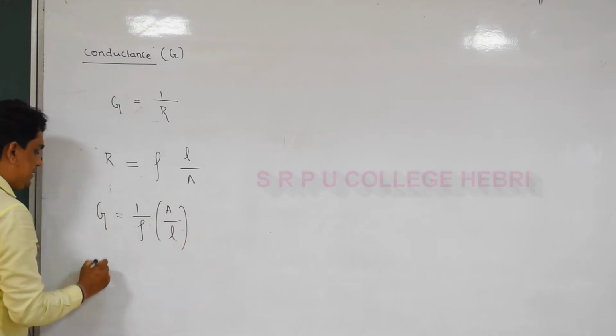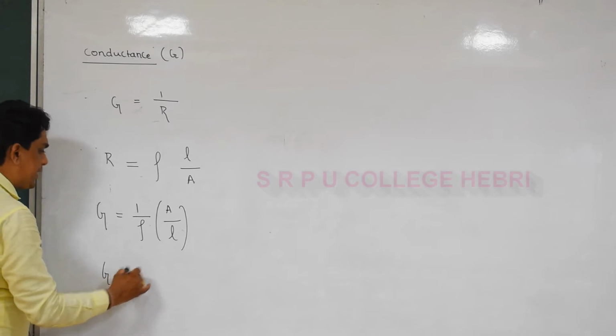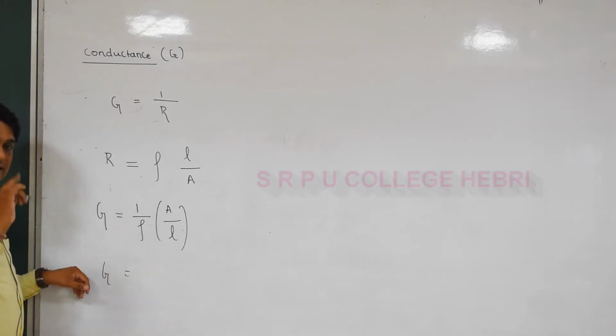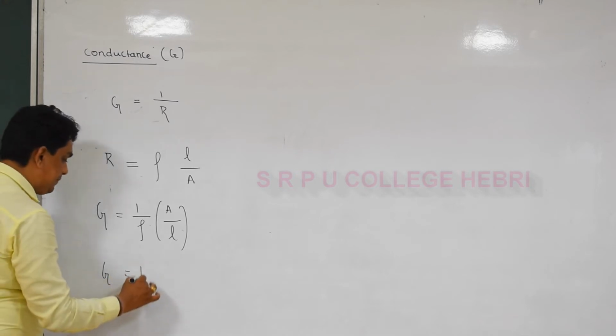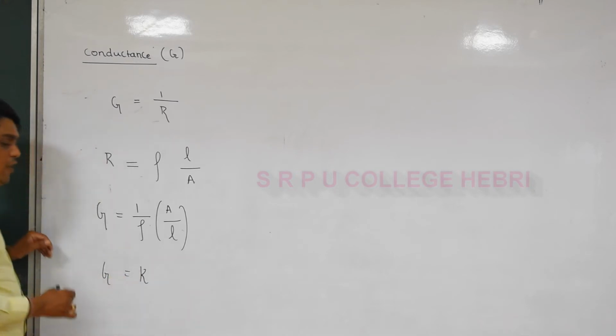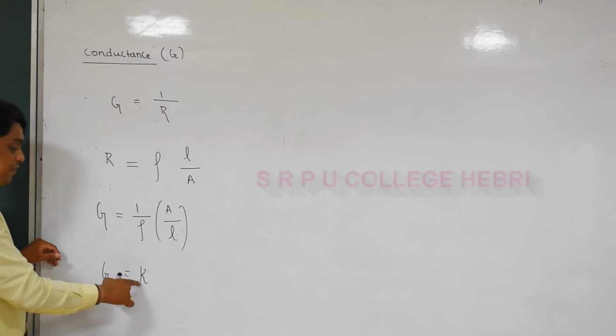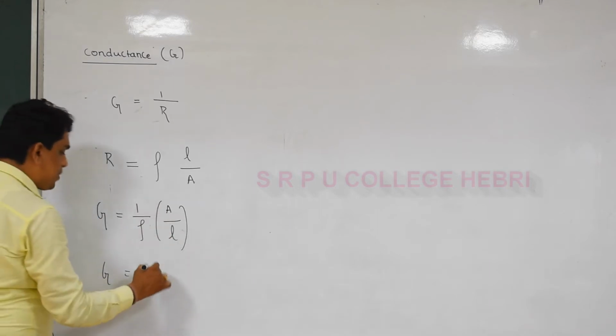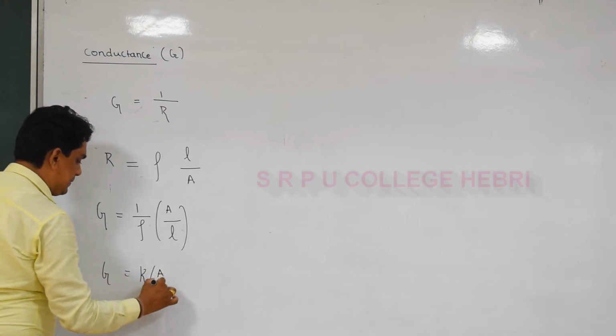Correct? Now conductance is equal to, what is the reciprocal of resistivity? The reciprocal of resistivity is conductivity. And this is the symbol of conductivity, the reciprocal of resistivity, and I am writing A by L as it is.